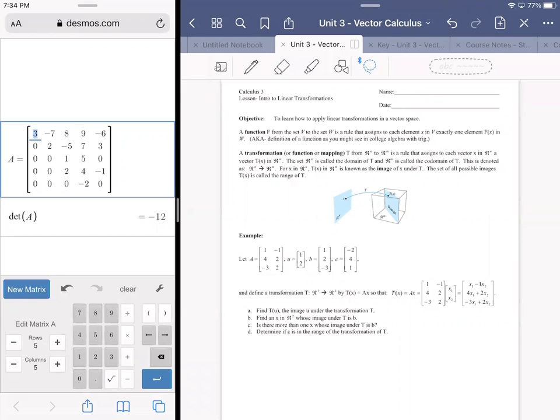If it's implicitly defined, then it could go either way. If it's in 5 space, which one's the output? We don't know. Any of them could be the output.